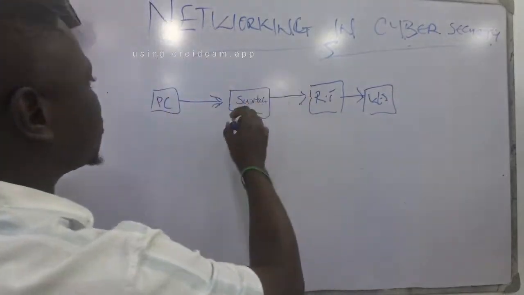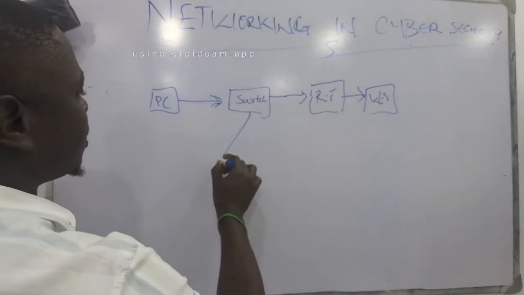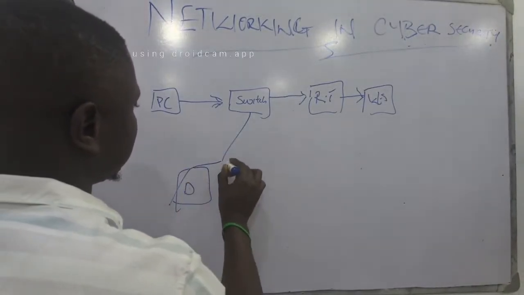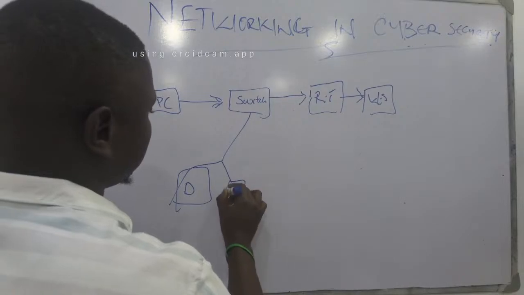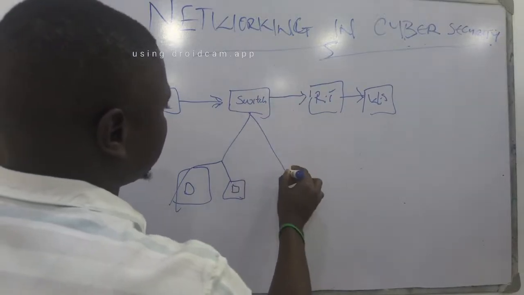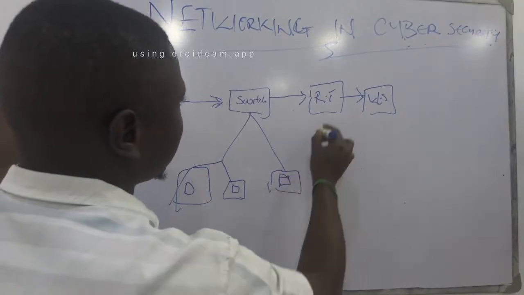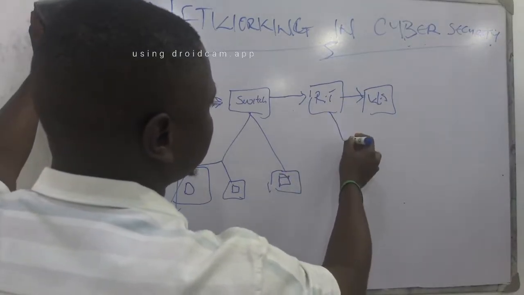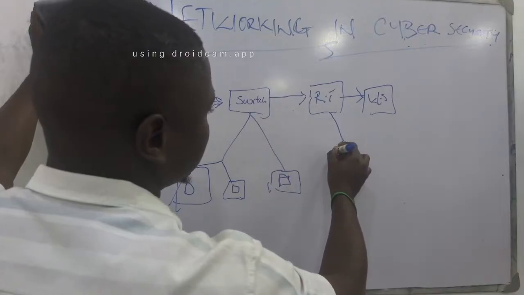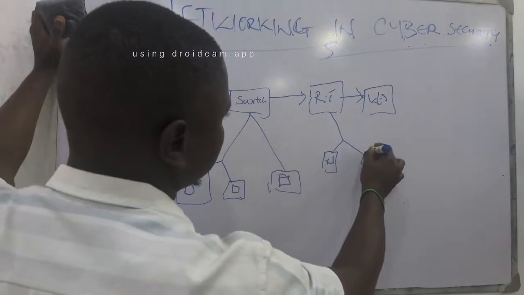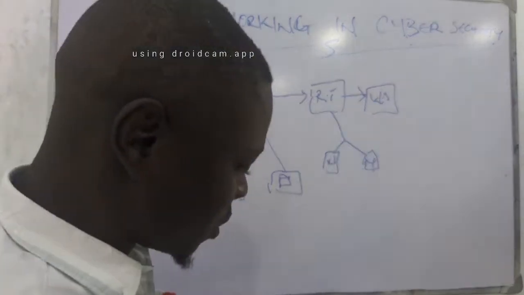This switch here is used to connect multiple devices. All these are devices, let me name them D. So a switch is used to connect multiple devices, while a router is used to connect multiple networks. Let me use this as a network, and this as another network.